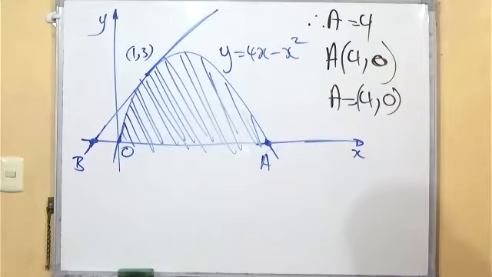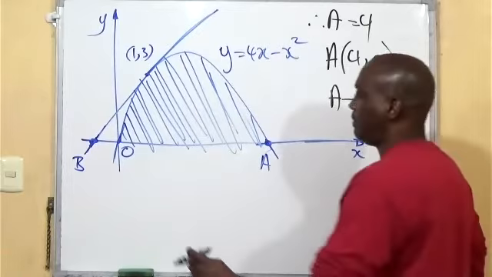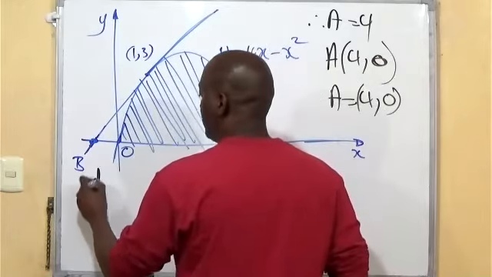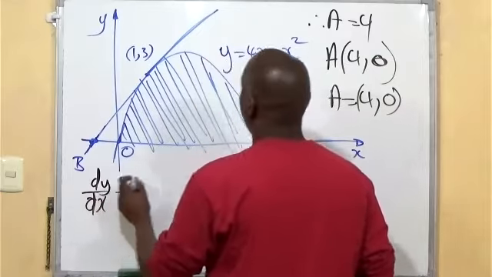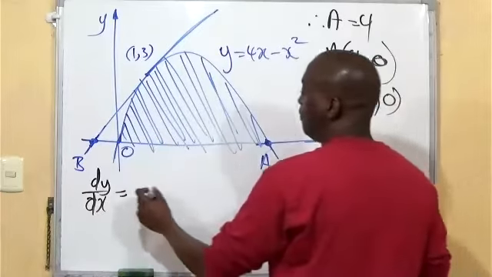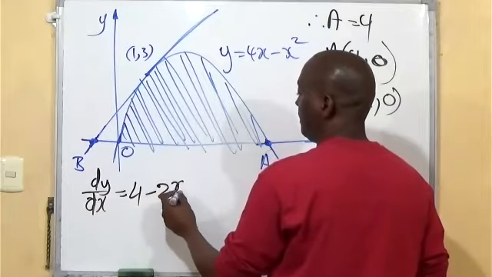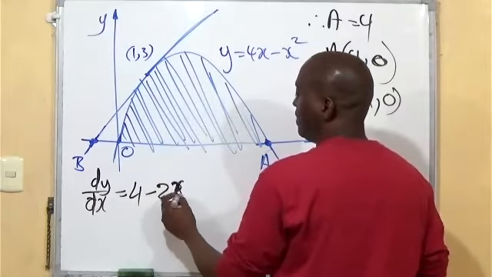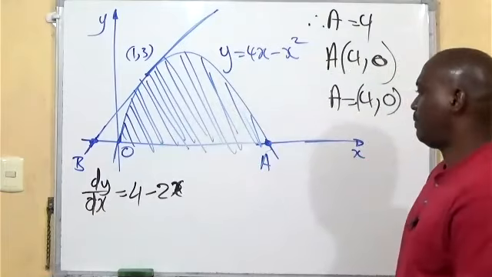So the equation of the tangent, we have the curve here, so we know then that you differentiate: dy dx is equal to, differentiation, 4 minus 2x, right?